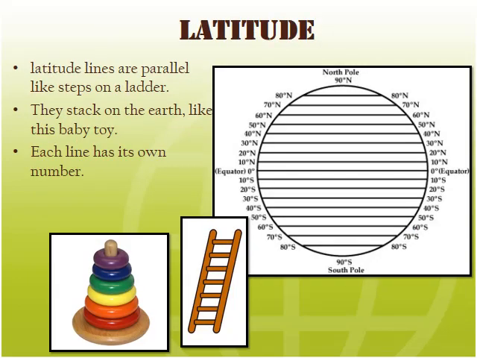Some other useful ways to remember the difference between your latitude and longitude lines are that latitude lines are parallel, kind of like steps on a ladder. So notice you have a ladder right here, showing you that those lines are parallel. They will never touch, just like on your globe. Another way to look at it is like a baby toy where the rings stack.